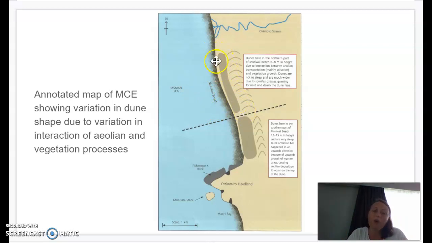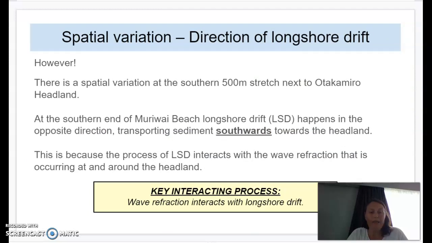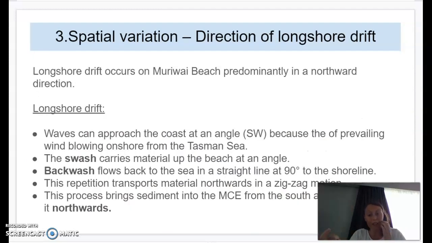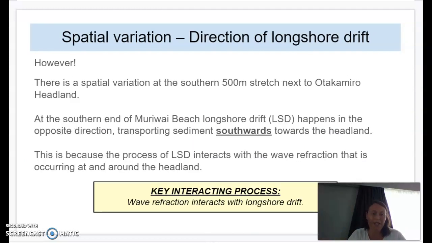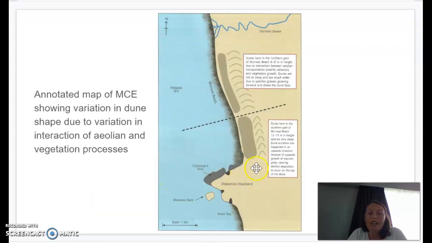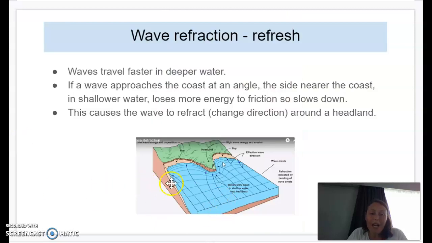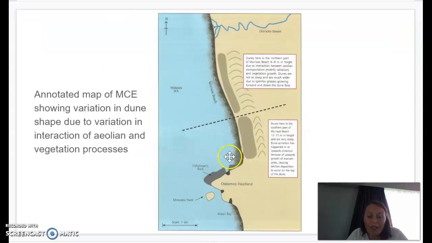And so therefore we've got wide sandy beaches up near the stream. However, down here near the headland, we don't have uniform longshore drift happening because of something that is called wave refraction. Now, wave refraction comes in, and as the wave approaches the headland, the ground in this area here is actually shallower.